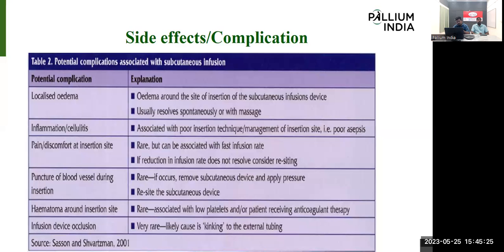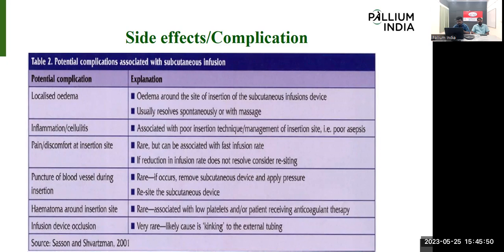Then pain or discomfort at the insertion site. Normally, the patient will not feel pain after starting the injection or infusion if we maintain the rate and the volume. I already told you, bolus injection means 1 ml per minute, infusion means 20 drops per minute. That's the maximum value, so that rate and volume we need to maintain.